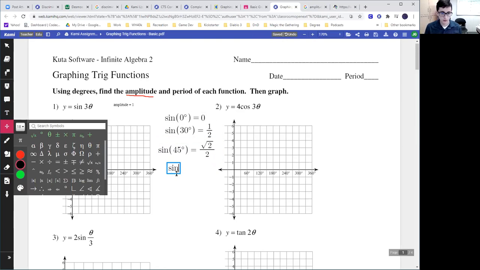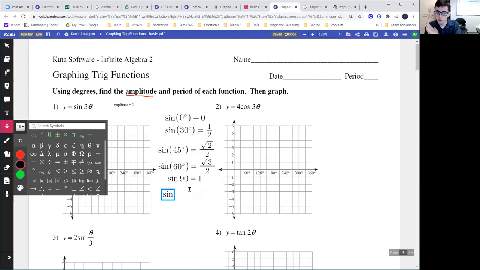Sine of 60 degrees will be the square root of 3/2. Sine of 90 degrees, I'm going to do this a little faster, will be 1.